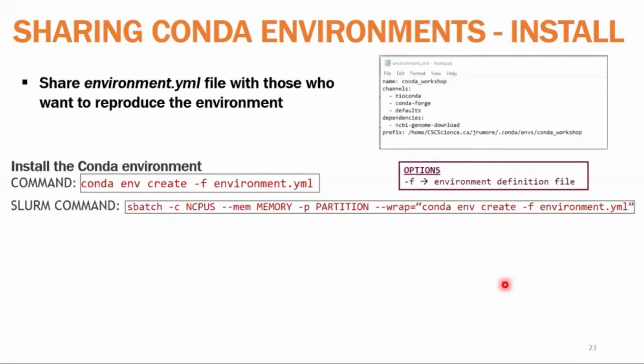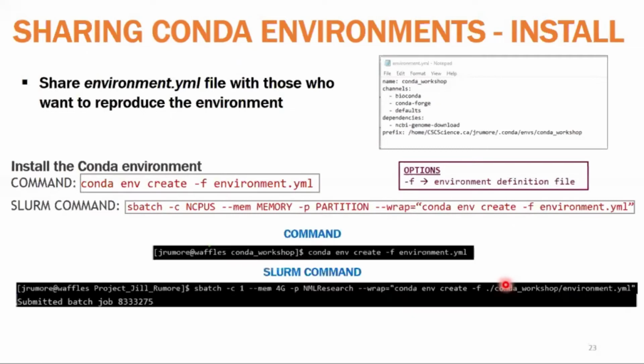Now, in the example shown in the slide, I am creating a new environment from the environment.yml file, which is saved in my current working directory, and my current working directory is displayed in the square brackets beside my username. Now, in the SLURM command below, I'm running the exact same command. However, my current working directory is now project Jill Rumore.